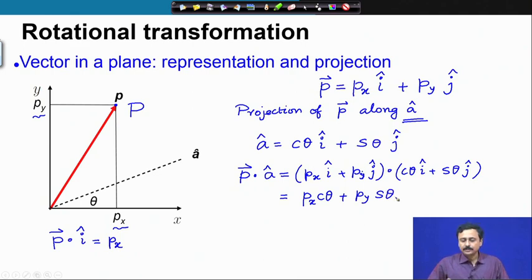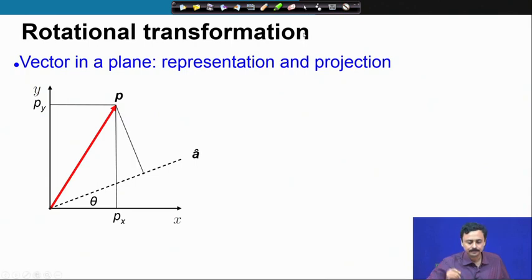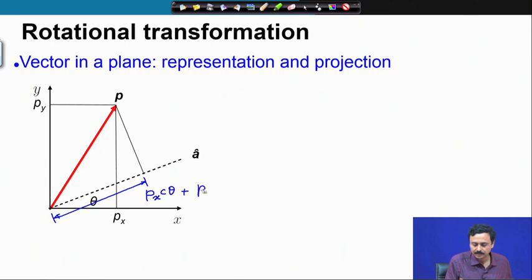That is the dot product of p with a cap, and this concept is what we are going to use for constructing the rotational transformation. So, let us see how we do that. So, this distance is nothing but what I just now wrote out, p x cosine theta plus p y sin theta. So, that is the projection and this is what we are going to use.